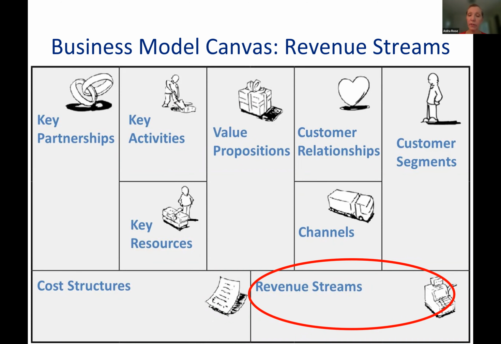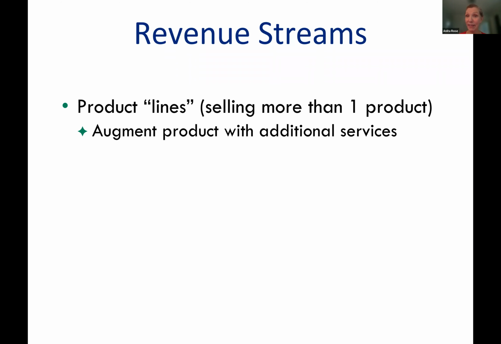Now, the revenue can be a separate model in itself too, depending on how we collect the revenue. But for the most part, we're looking at this as what's the value we're providing to our customer. It could tie in with the way that the revenue stream, the revenue model, is generated.